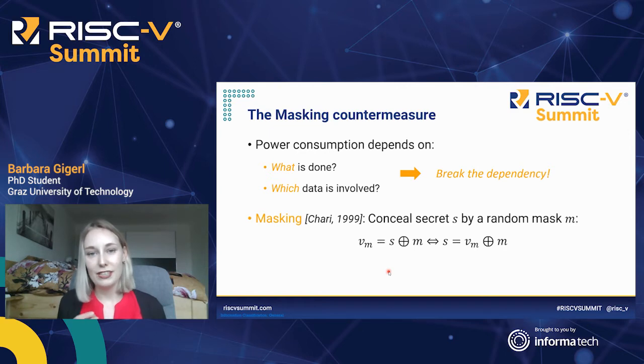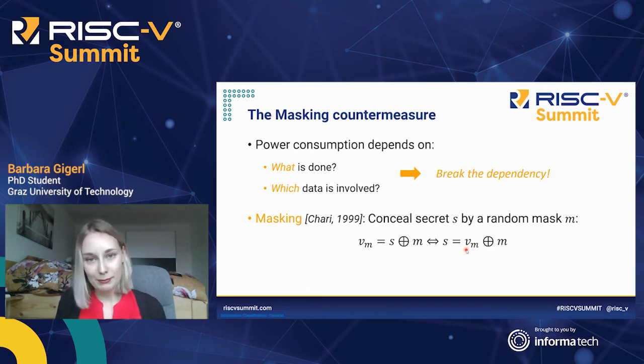Masking is essentially a secret sharing technique where one splits a secret S up into 2 parts, a random mask M and a masked value VM. M is random, so VM appears also to be random.